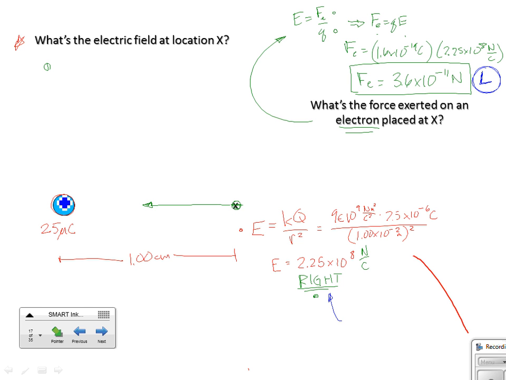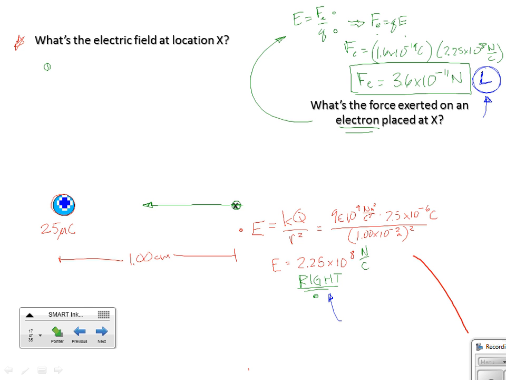By definition, fields point in the direction of the force that a positive charge would feel. This is a negative charge, an electron. It will feel a force in the opposite direction of the field. That's a big thing to point out, one that you sort of know. Negative charges will feel forces in the opposite direction of the field. Okay?